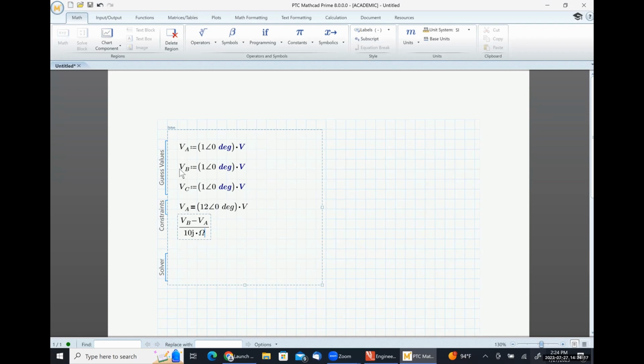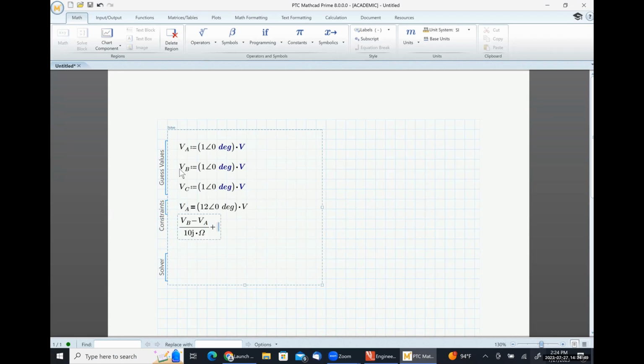Let me show you why. So if I do 10J and then capital W Control G, notice that the J became italicized. Effectively, it's lumping that J in as trying to be part of the unit instead of treating it like the imaginary operator, okay? So it's very, very important that we do 10J times our unit of ohms here in order to have MathCAD interpret it correctly.